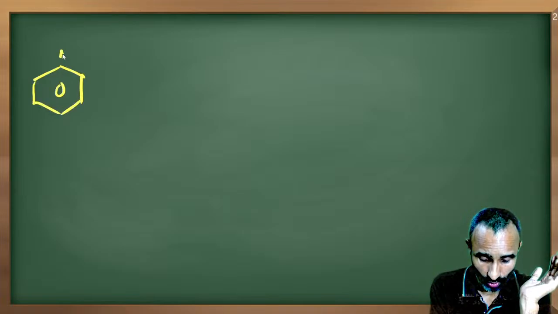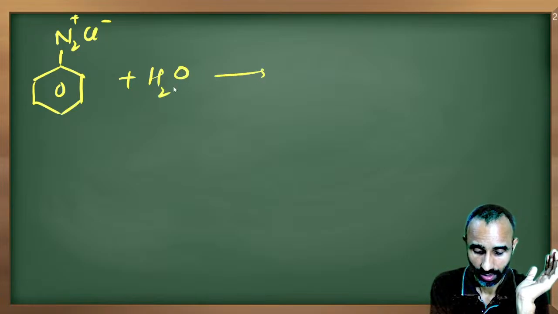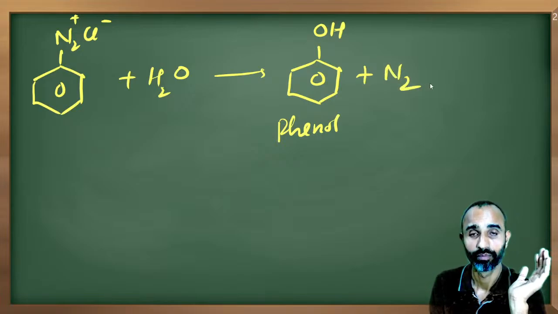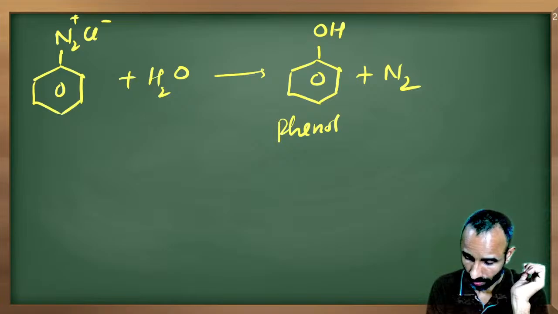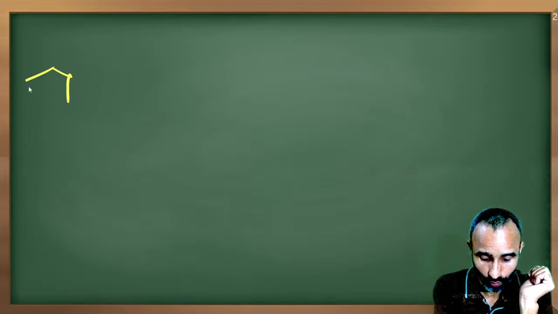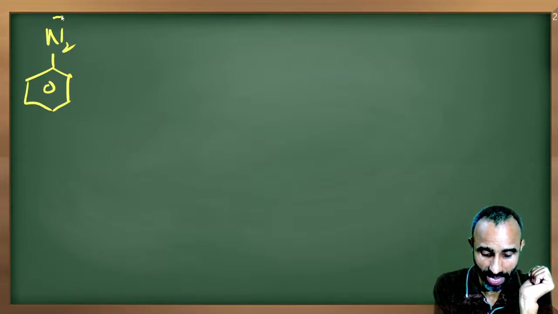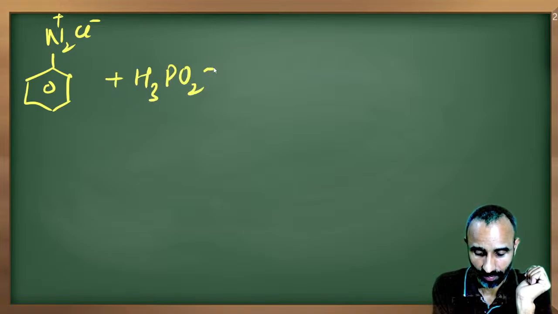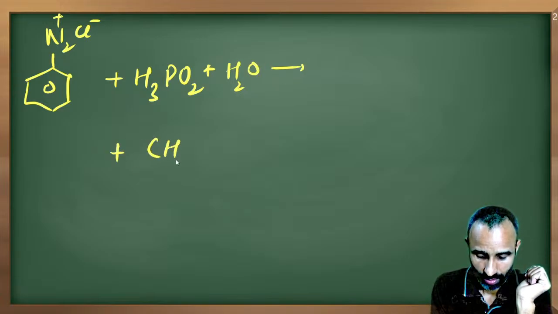Now the diazonium salt can be hydrolyzed to get phenol. Even to remove the diazonium ion, meaning to get benzene from the diazonium salt, we treat it with either H3PO2 or ethanol.